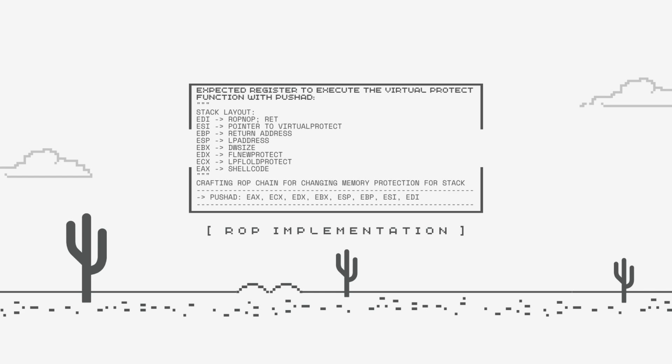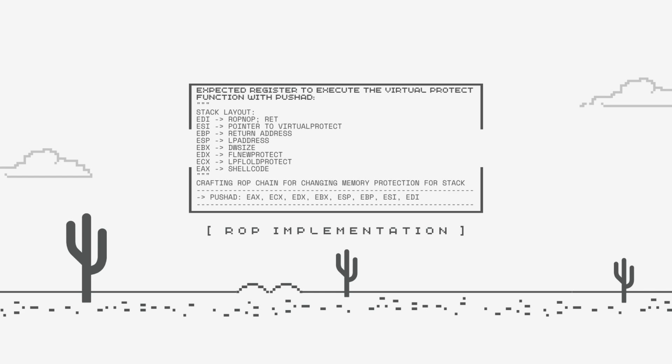We load our registers with specific values. EDI contains a ROP NOP gadget for alignment. ESI contains the pointer to the VirtualProtect function. EBP contains the return address, where to go after VirtualProtect. ESP contains the LP address, our shellcode address.